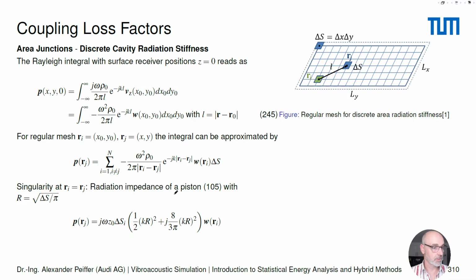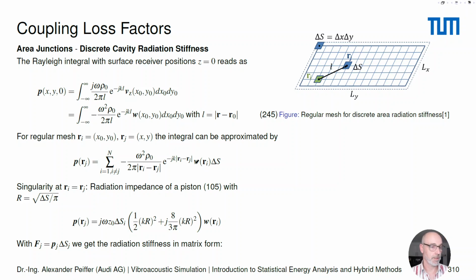There's one thing that has to be dealt with in detail when we have a singularity, when the vibration point and the receiver are the same, so Ri equals Rj. Then we use the radiation impedance of a piston. This was a formula of the radiator when we dealt with fluid waves and sources, which is given by this expression. Finally, just multiplying the pressure with the surface gives the force. So we have everything we need.